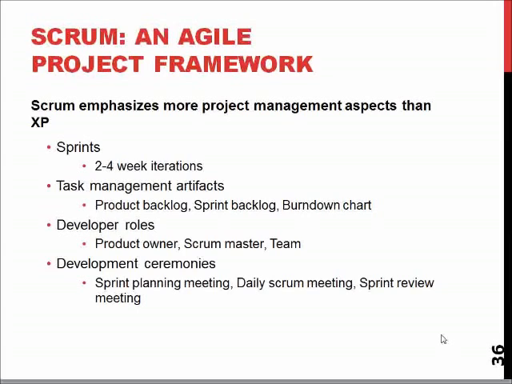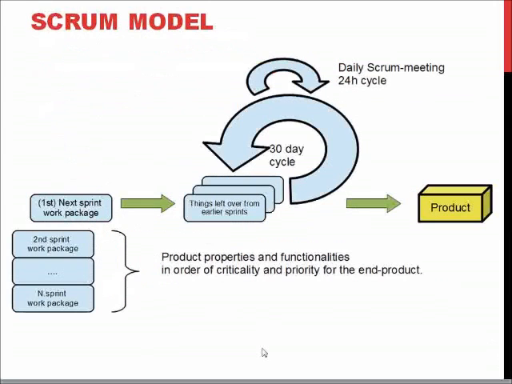We have a couple of defined roles here: the people saying the final word, the people managing the entire development, and the team doing the development work. And of course, we are doing planning meetings at every start of the iteration, daily meetings to ensure that everyone knows what we are currently doing, and review meetings to see what stuff we still have to do or what we have to incorporate into the later iterations.